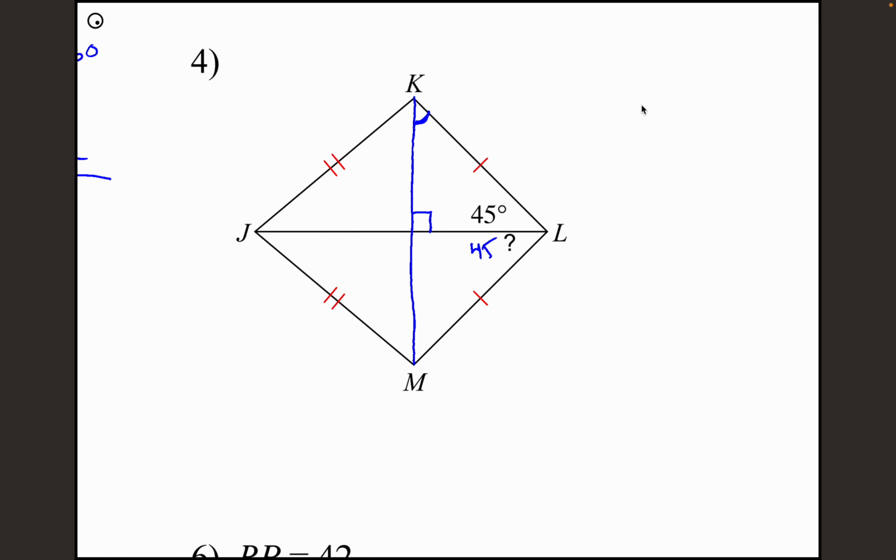When we have these perpendicular bisectors, it creates 4 triangles. And what do the interior angles of a triangle equal? 180. So if this is 90 and this is 45, we just do 90 plus 45, subtract that from 180. So this angle will be 45. Just know that for later. Good job.